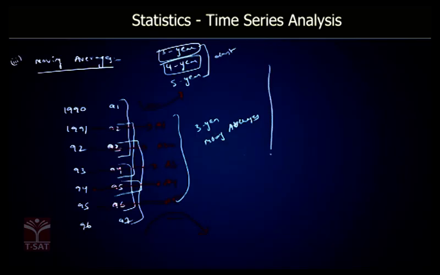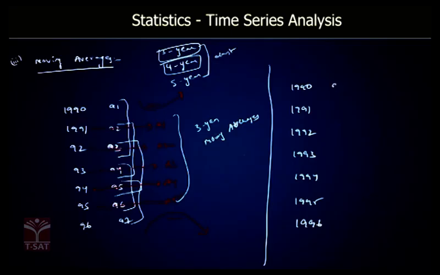That is enough for finding the values. Now we'll see the 5-year moving average. Take the years 1990, 1991, 1992, 1993, 1994, 1995, and 1996. In the same way, they have the values A1, A2, A3, A4, A5, A6, and A7. In the 3-year moving average we considered 3 years and found their average.